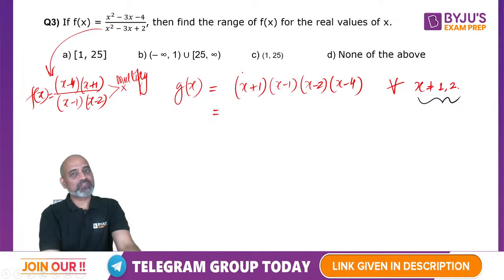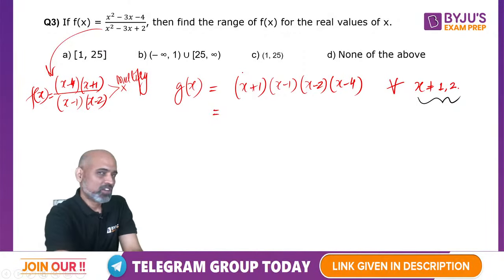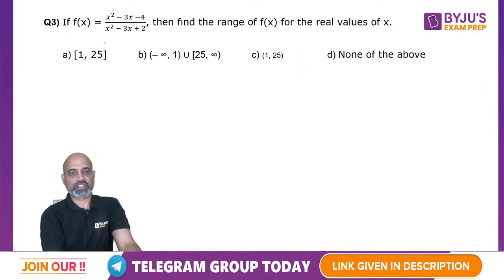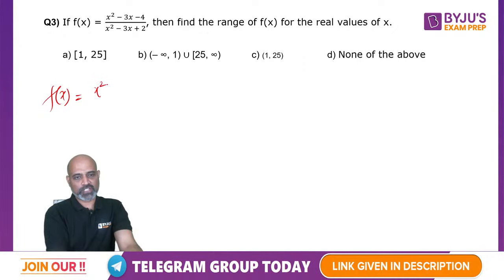Hold on, let me think which is going to be easier. If we do this, it can go that way. No, this is going to be more time consuming. Wrong start.